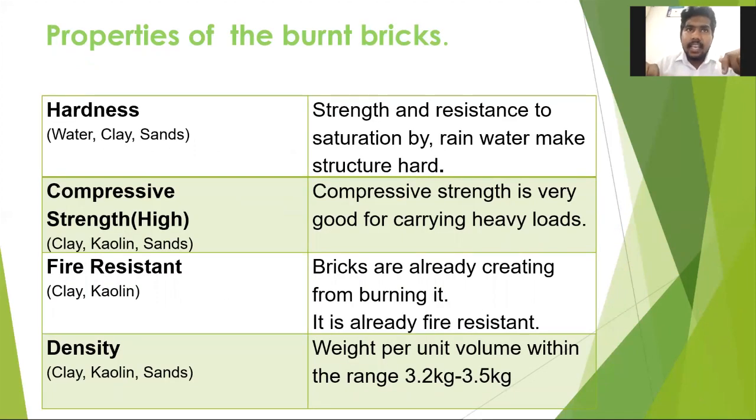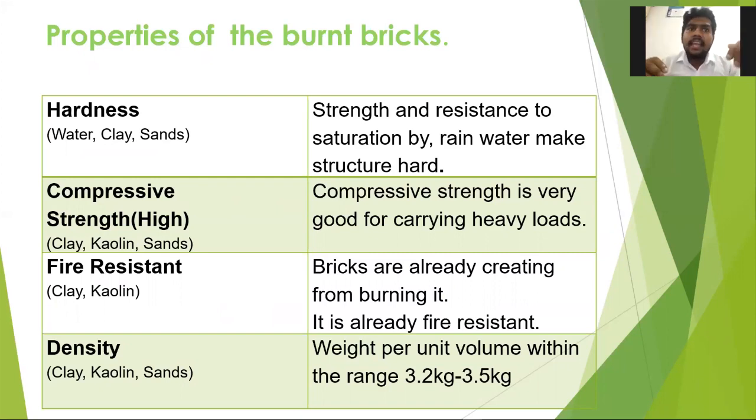In this slide, we have tabulated some main properties of the burnt bricks, including the raw materials, and we have defined each property with a few words in the right column. For example, let's take hardness, which is provided by water, sands, and clay. It's a well-known property of burnt bricks.